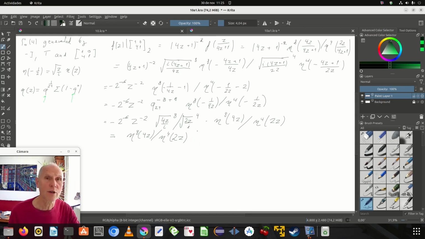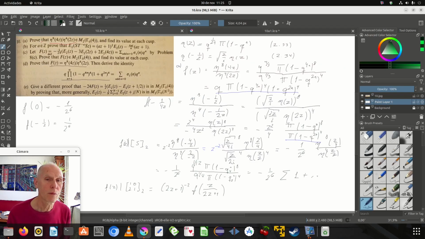Oh, that's actually the definition of f itself. My God. Had I known from the onset that we needed to go through this, then it had been much easier. I believe this solves problem 10a.